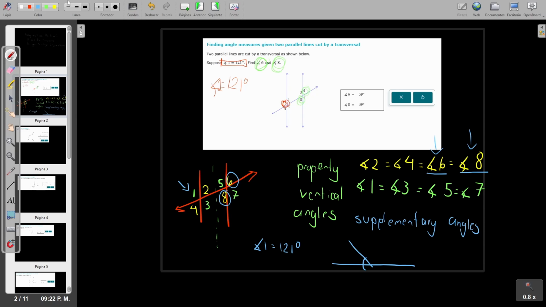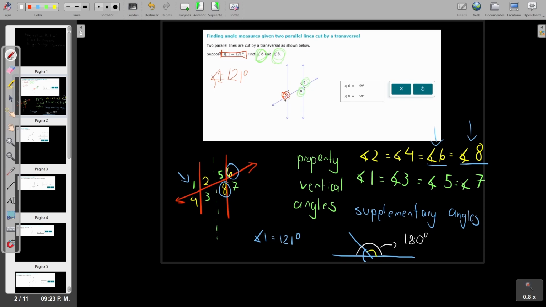In this case, this one and this one. And how much is the value of this? If I choose it to be the color white, the whole angle here is going to be 180 degrees. Okay, it's not that hard.